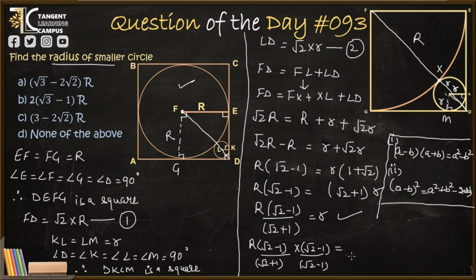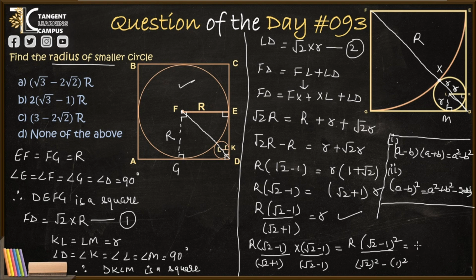So now let us rationalize it and solve it further. We will get R root 2 minus 1 whole square upon, multiplying in the denominator, we get root 2 square minus 1 square.